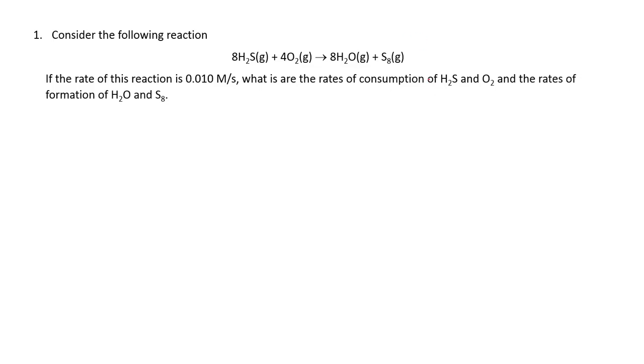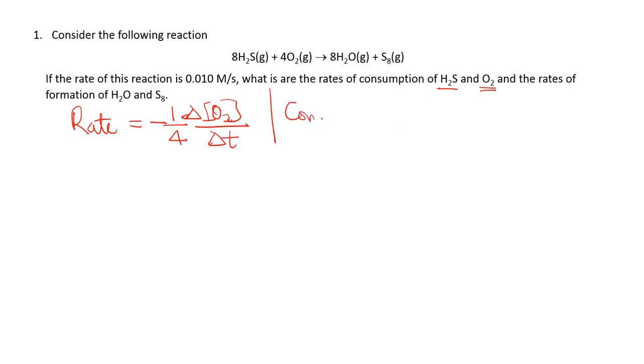So we looked at the rate of consumption of this. Now we want to look at the rate of consumption of oxygen. As usual, rate in this case is given by minus 1 over 4 change in concentration of oxygen divided by change in time.